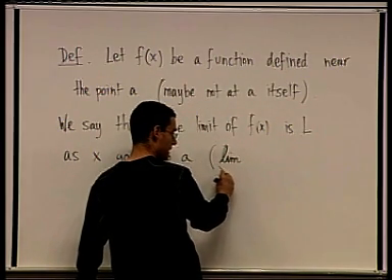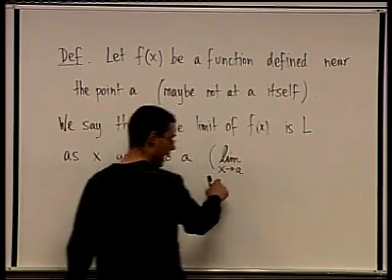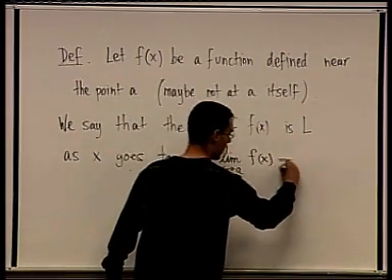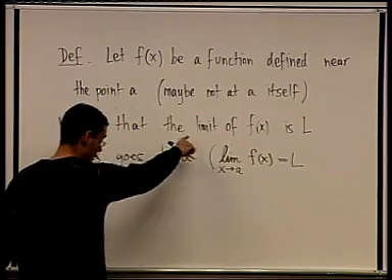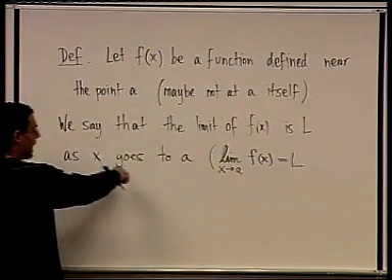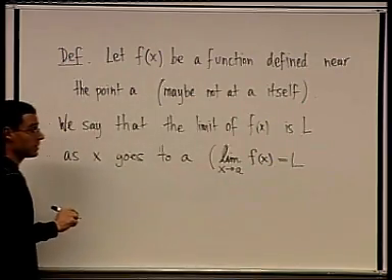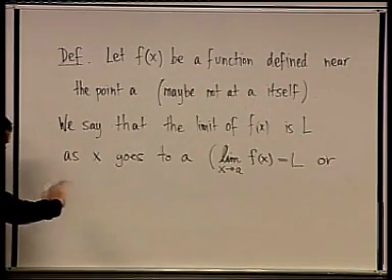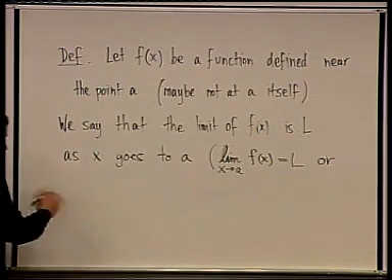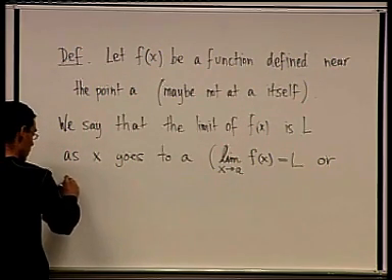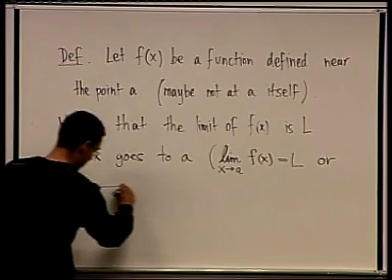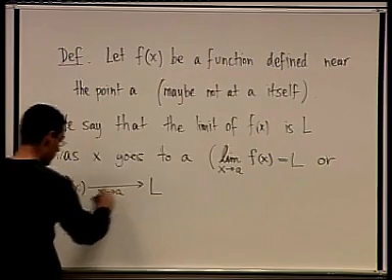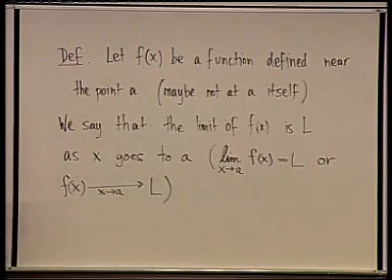The limit as x goes to A, x arrow A, of f of x equals L. That's one way to denote this long statement. The limit of f of x is L as x goes to A. Or another way of writing it down, the same thing, and we'll use both notations in this course: f of x, long arrow, goes to L as x goes to A. Both notations are acceptable and used a lot.